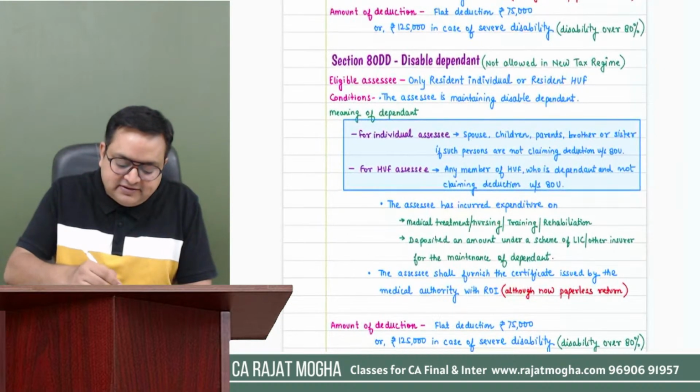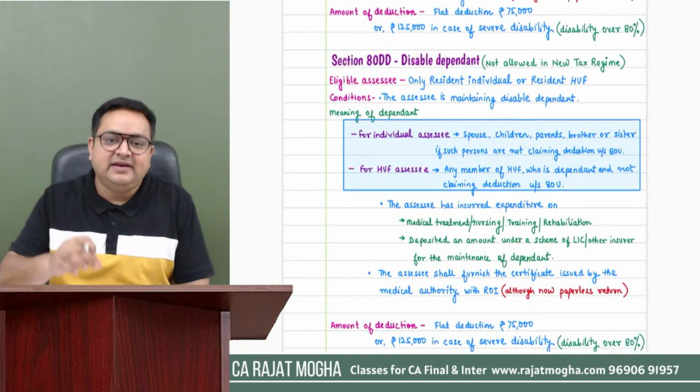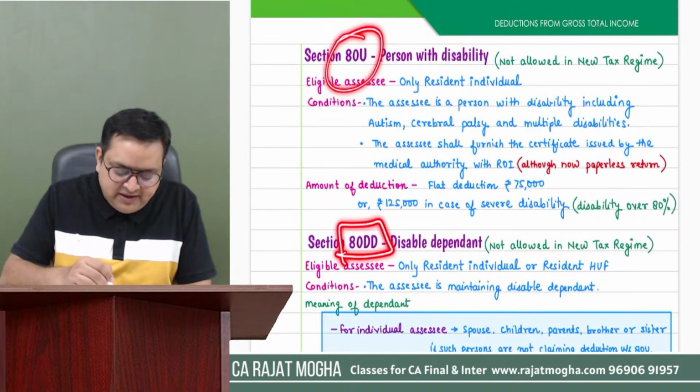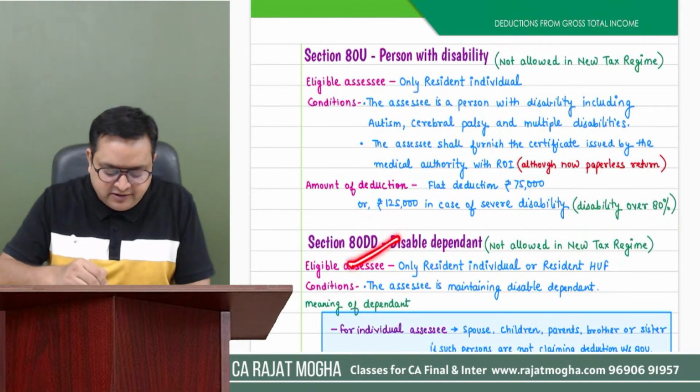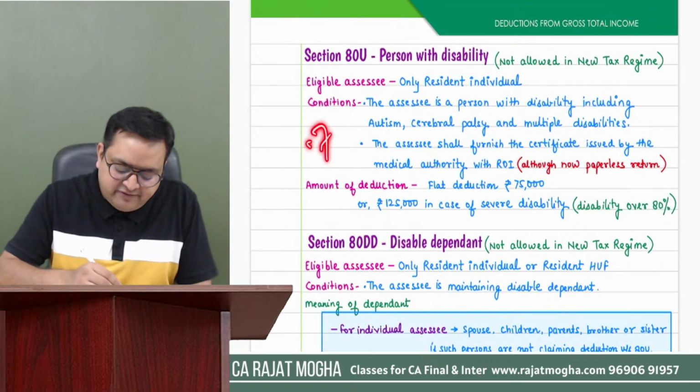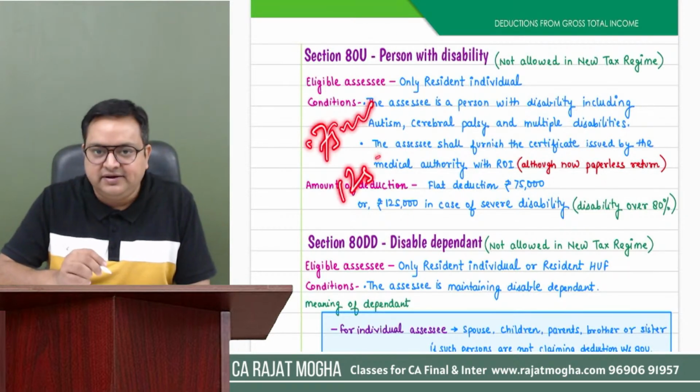There is a similar section like 80DD. We have a similar section 80U. What is the difference between 80DD and 80U? They are almost similar. This is also related to disability. Here also a flat deduction of 75,000 or 1,25,000 is there.